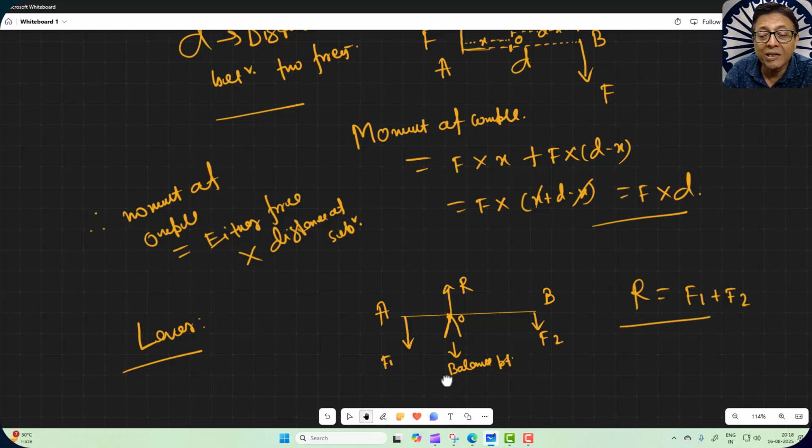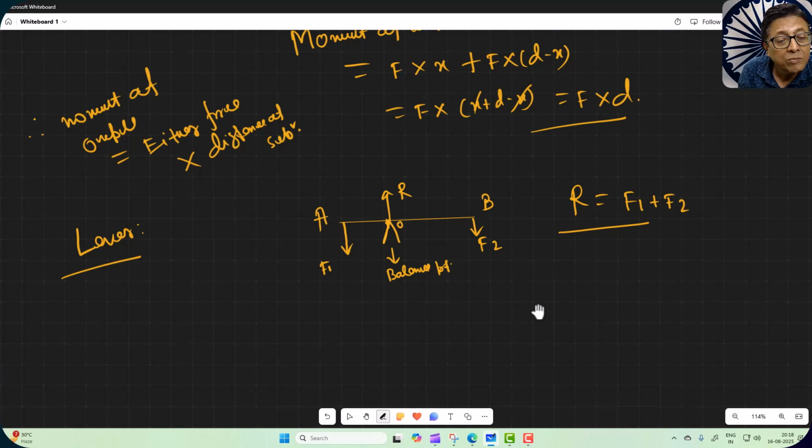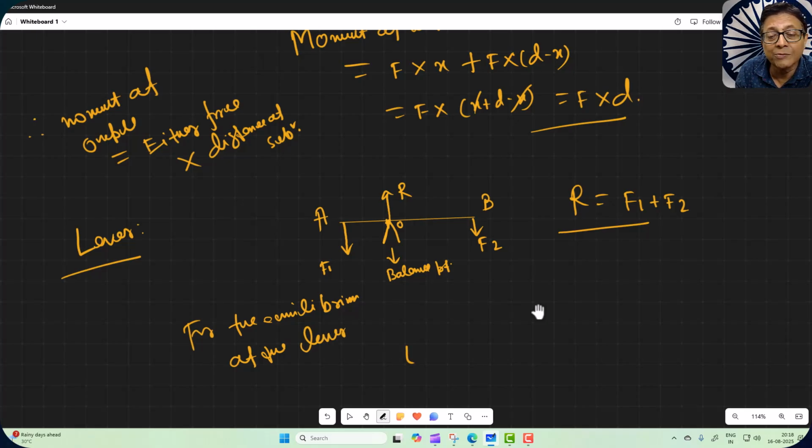And to maintain the equilibrium of the lever, you can say net clockwise moment, tau clockwise, equal to tau anti-clockwise. Tau clockwise is what? Let this length be d1, this is d2.